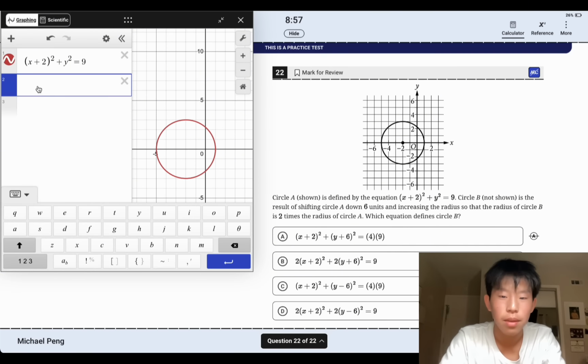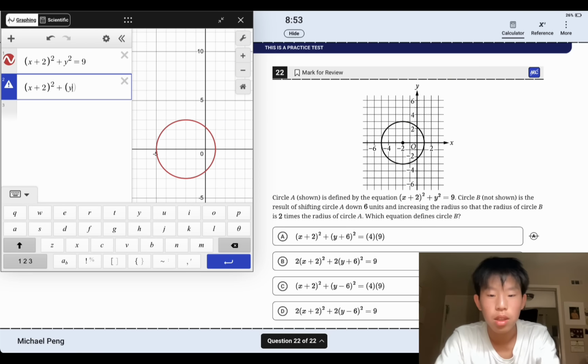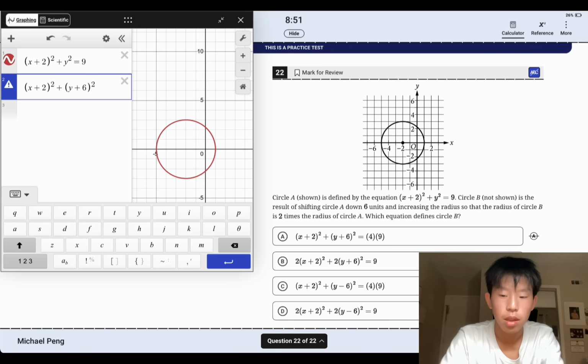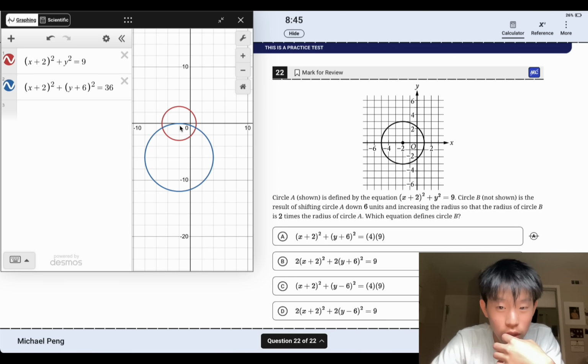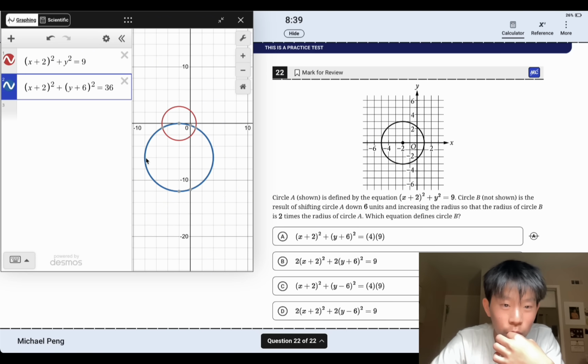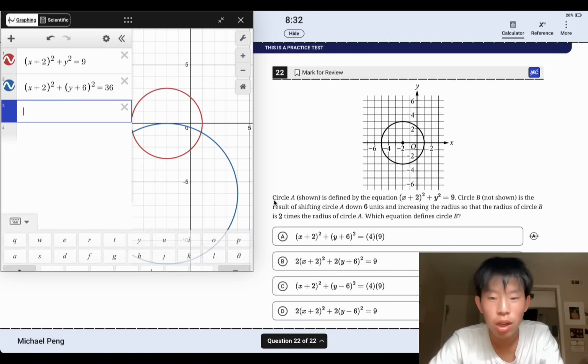Let's try A: x squared plus y plus 6 squared equals 36. Does this look like it transferred down 6 units? Yes. Does it look like it doubled the radius? Yes. But how do we prove this? Let's try proving that the radius was doubled. Actually, let's just try this option.